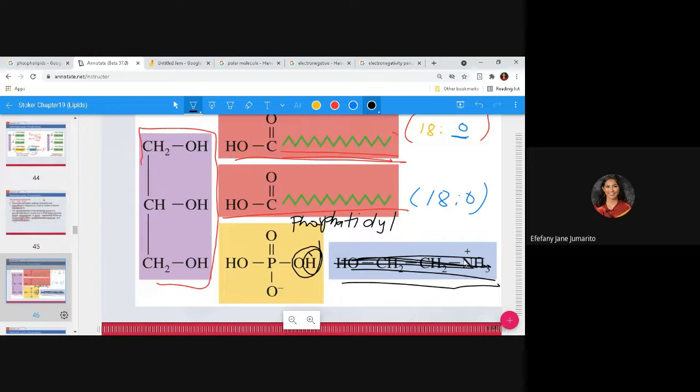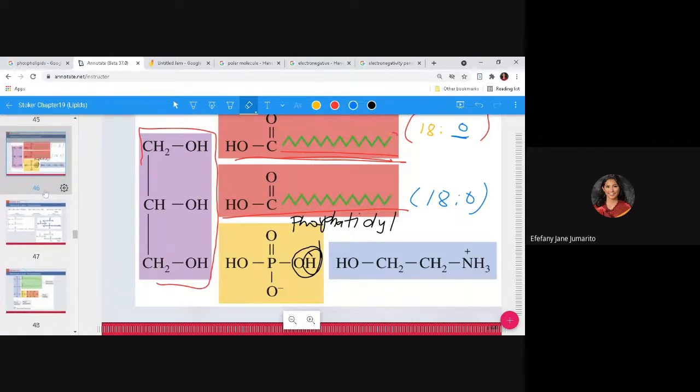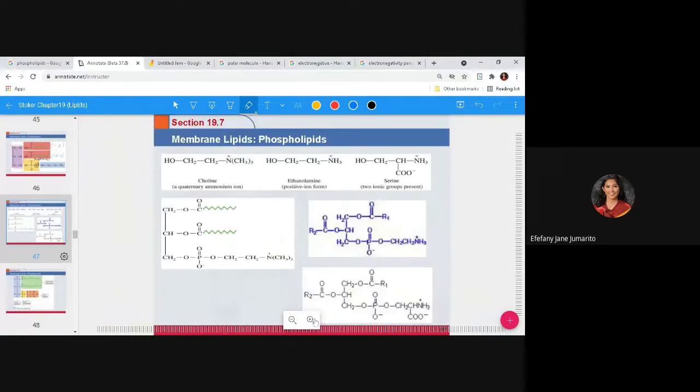Now, the next thing is you will determine what comes next. What is this molecule? Let's take a look here.